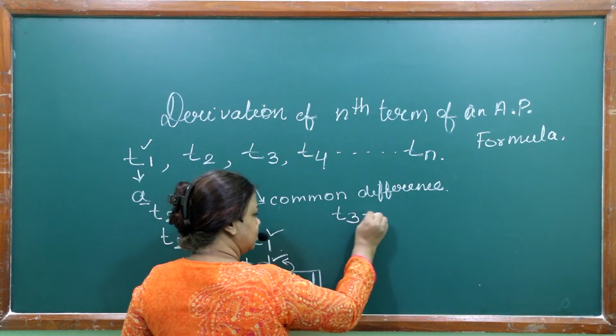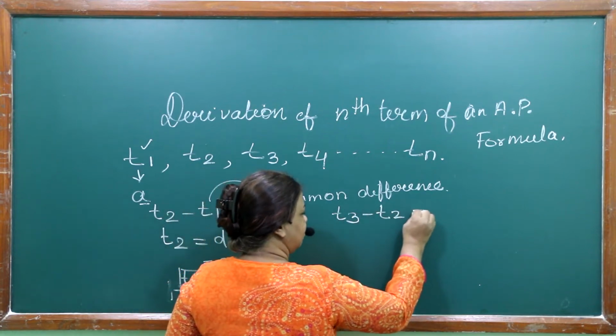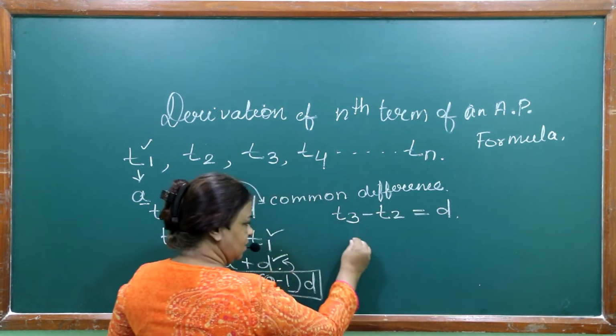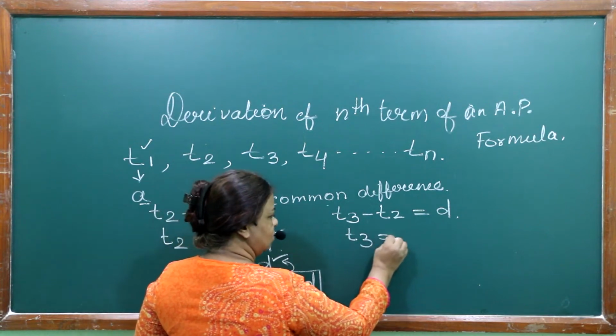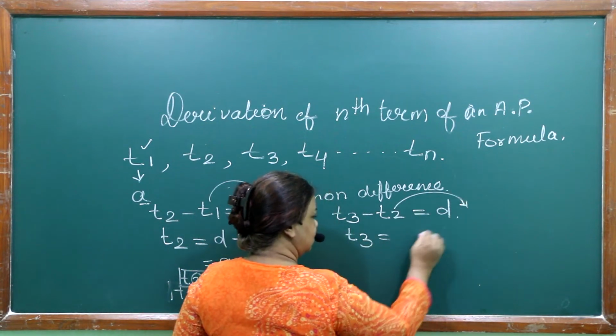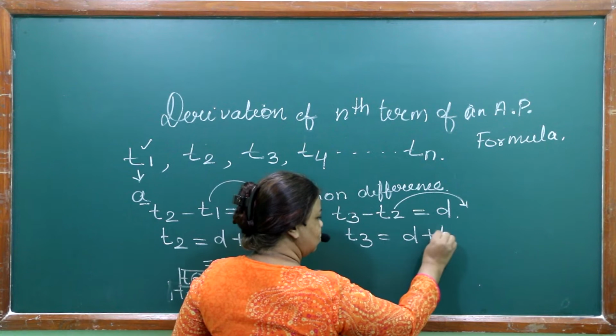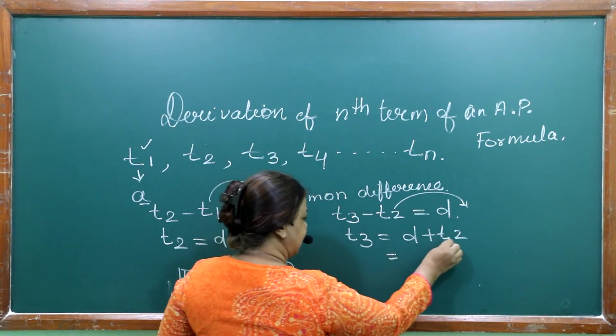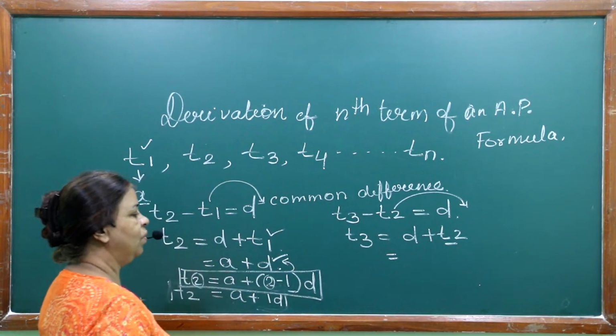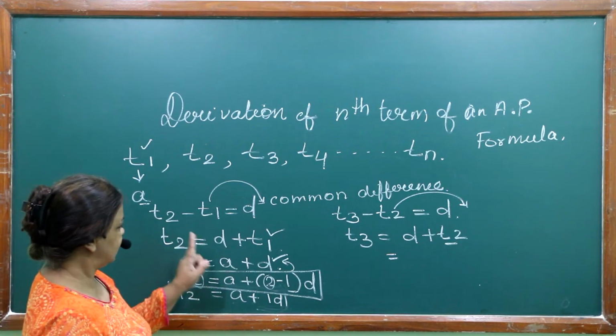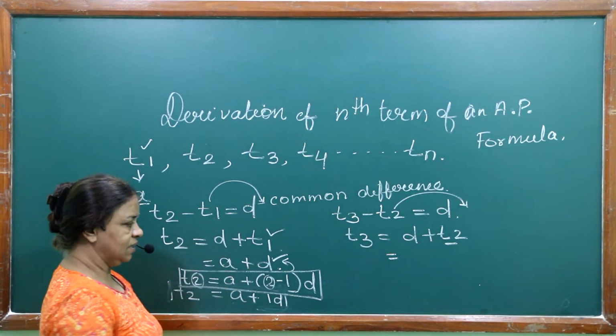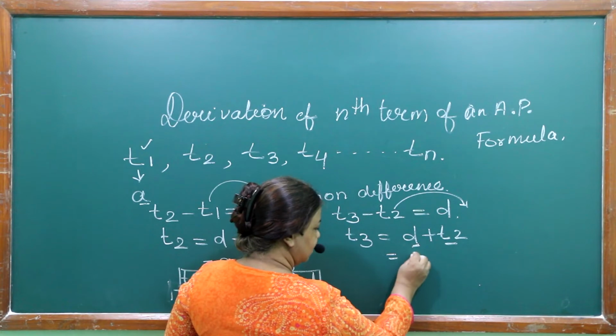Now I'll go for the third term. Third term minus the second term will give me D. So the third term is equal to D plus T2. But T2 can be written as A plus D. Already D is here.